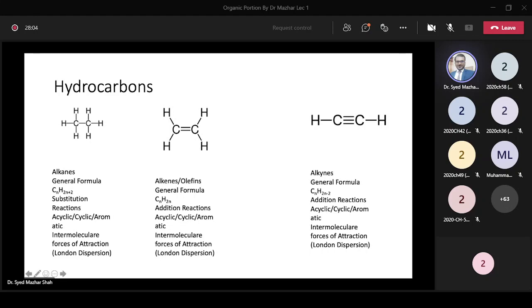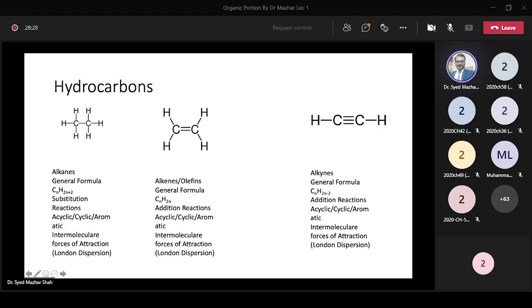For example, we have here alkenes and alkynes. You already know that their general formula is the same. If you have the general formula of alkenes or alkynes, you can write different molecules in that class very easily, just by changing the number of carbon atoms.